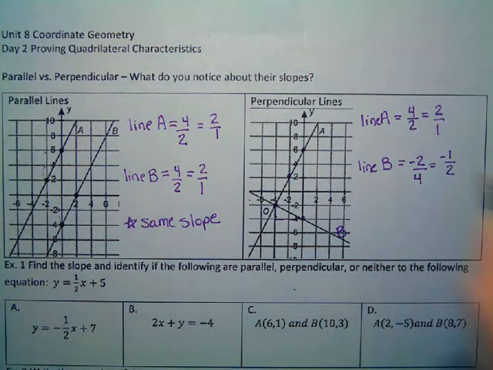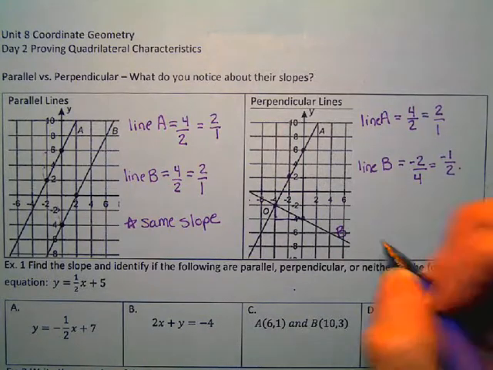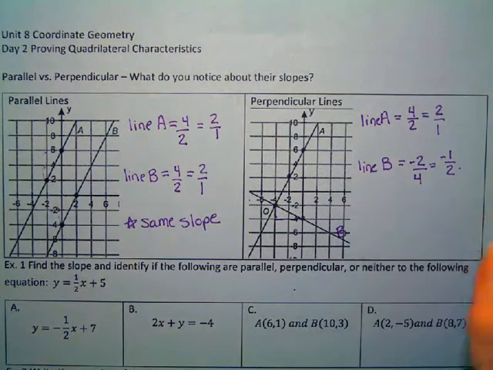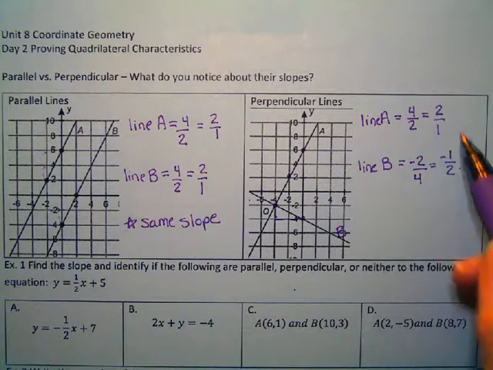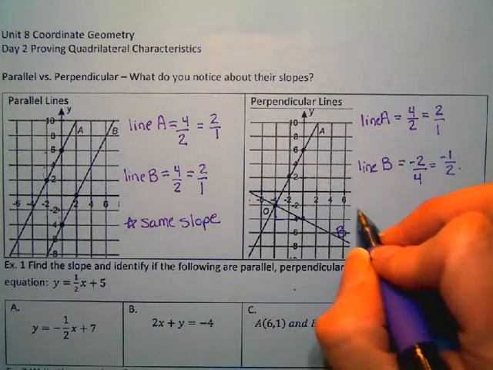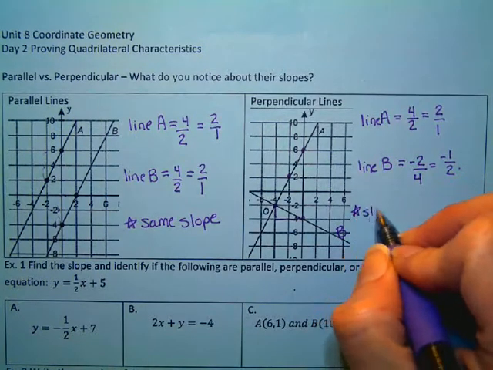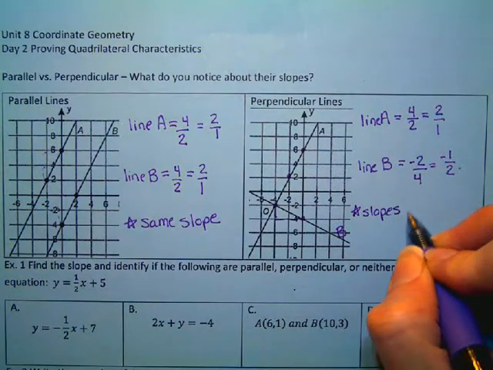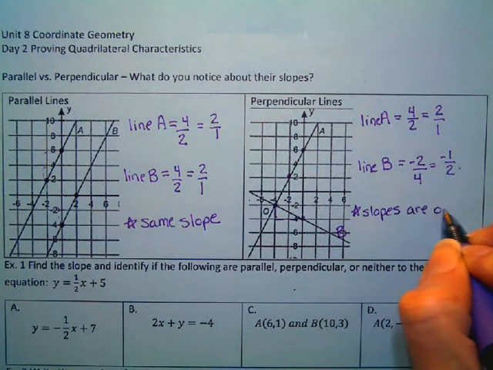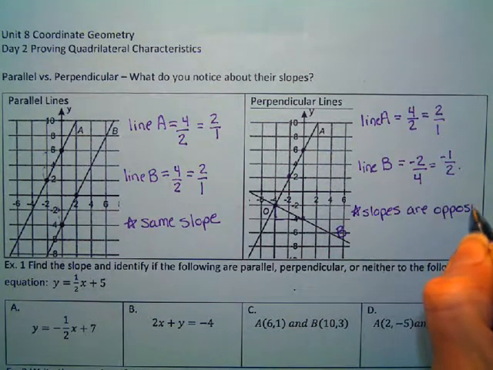So perpendicular lines don't have the same slope, so what do you think it's called when we flip something? When you flip something, they call it reciprocal. And you notice one is positive and one is negative. So these slopes are opposite reciprocals.